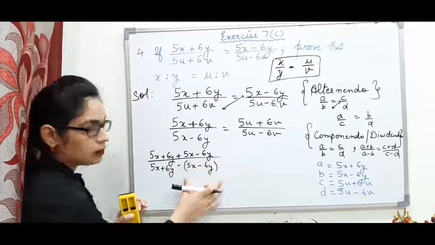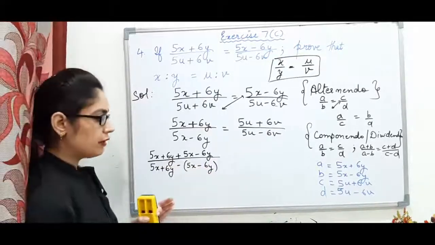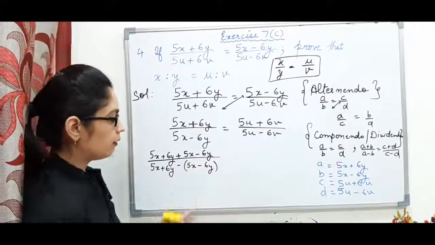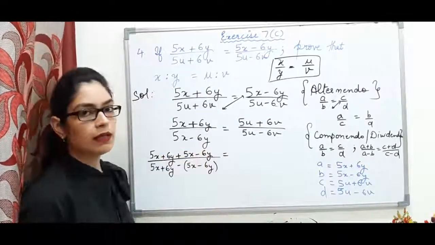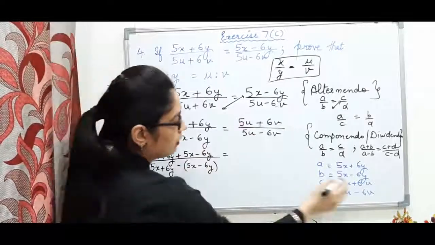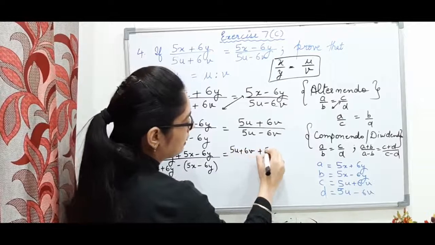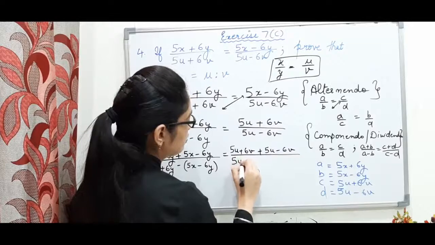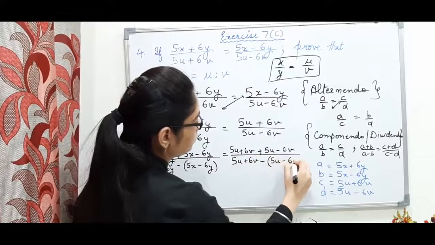Just write that expression in brackets, because whenever a minus sign is there we have to change the signs, so it's better to write the expressions in brackets. In addition I have written directly, but make sure in subtraction you write this way. Now c is 5u + 6v, d is 5u - 6v; c minus d is 5u + 6v minus, again writing this in brackets.